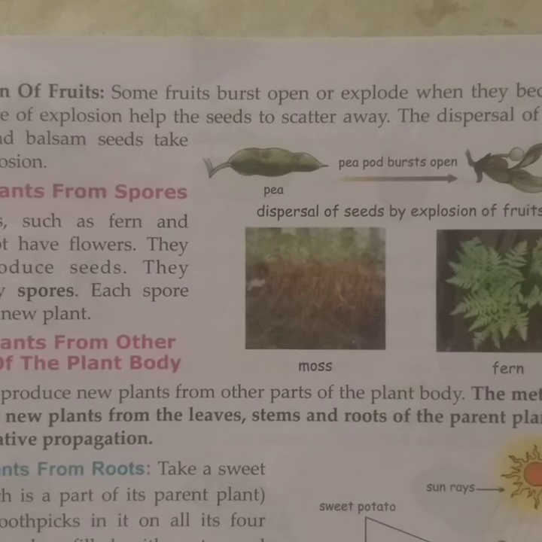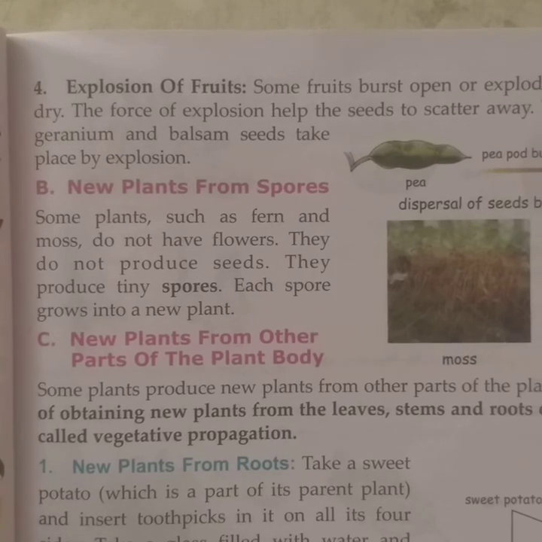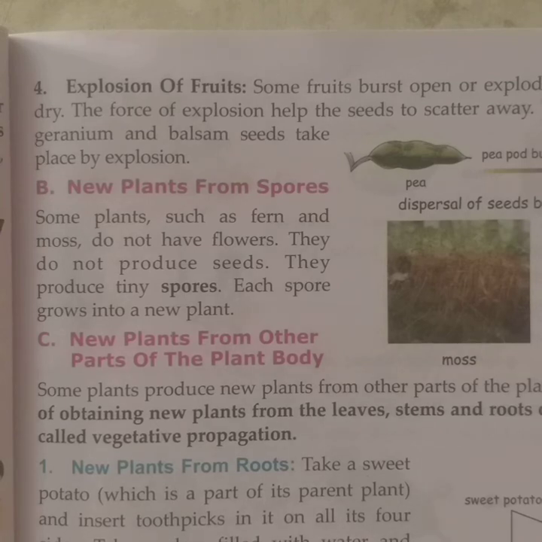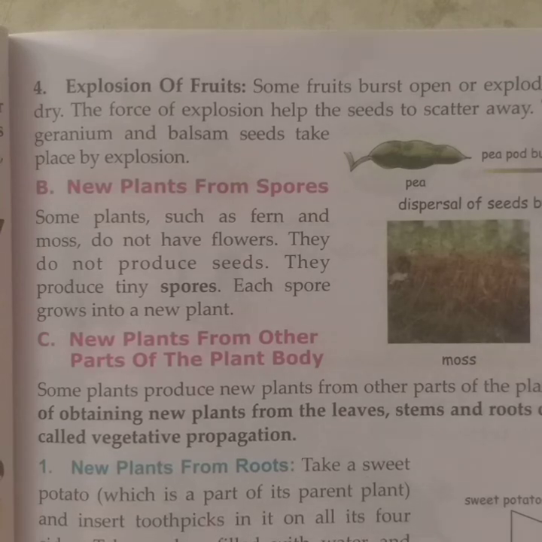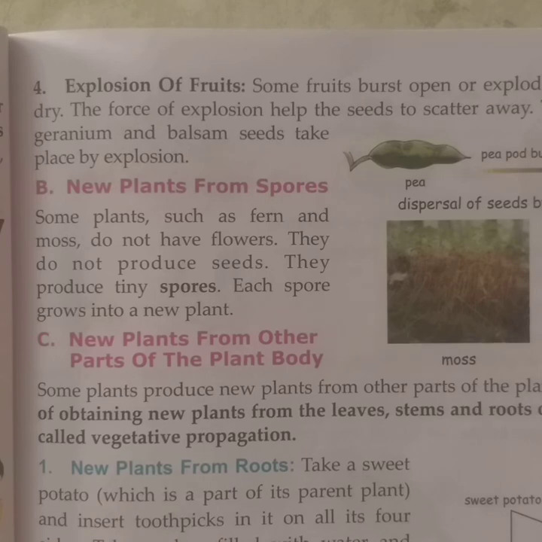Today in this lesson we are going to discuss how a plant that does not bear flowers can still reproduce. When a plant reproduces without flowers and without seeds, such reproduction is called vegetative reproduction. As we know, reproduction means producing a new plant from the old one, or from the parent plant.